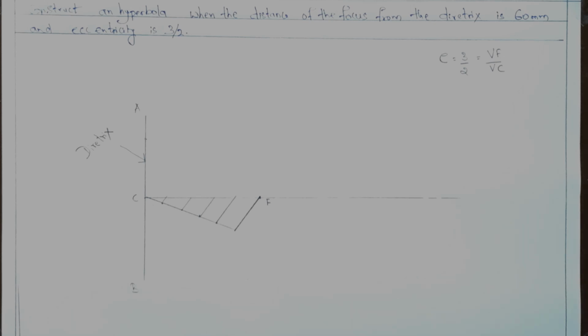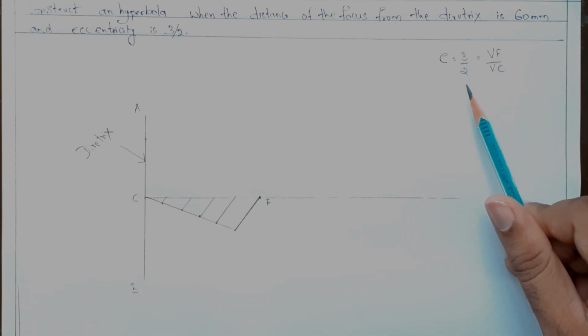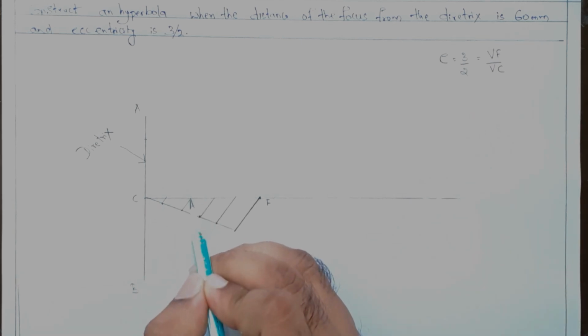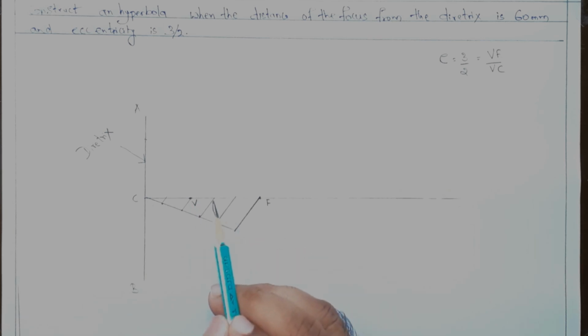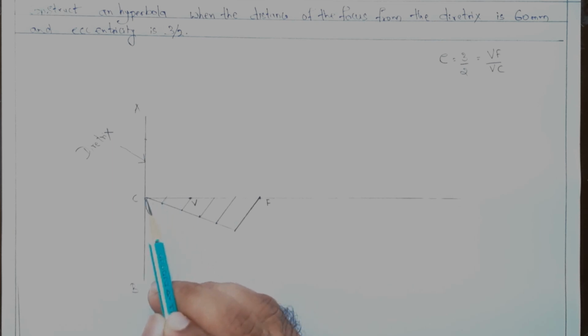Now, we have to locate the vertex V. The vertex V will be located at 3 parts from the focus and 2 parts from the directrix. You can see this is 1 and this is 2. So, this will be the vertex V, because it is 3 parts from the focus and 2 parts from the directrix.